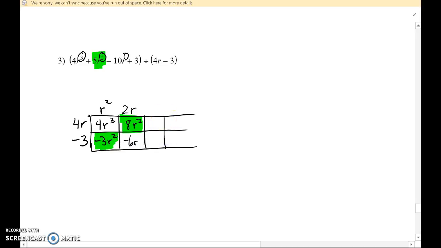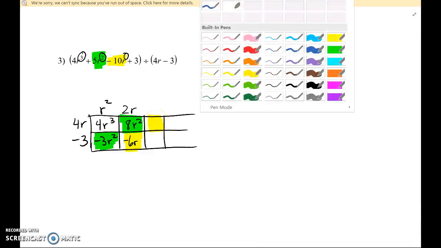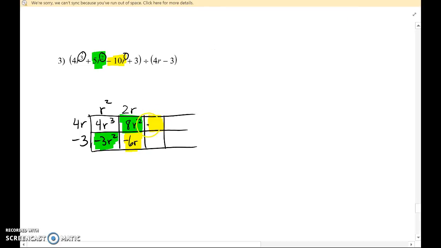All right, and so then our next term is -10r. We have a -6r already, and so again we need to find the sum that gives us a -10. And so we want a -4r, and 4r times negative 1 is a negative 4r, and negative 1 times negative 3 is a positive 3.